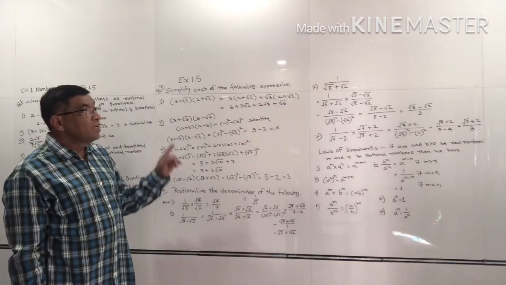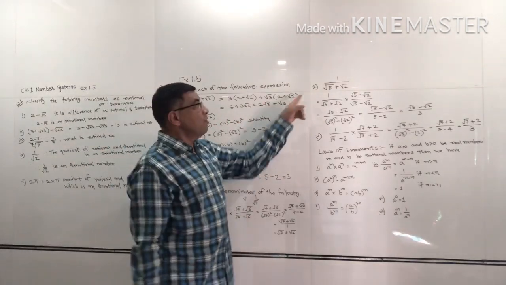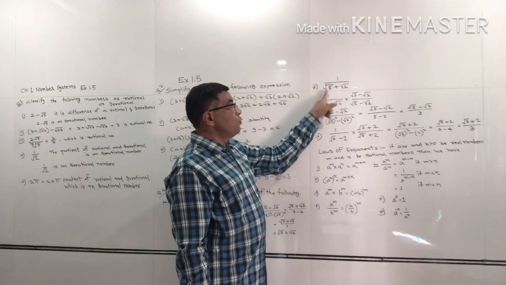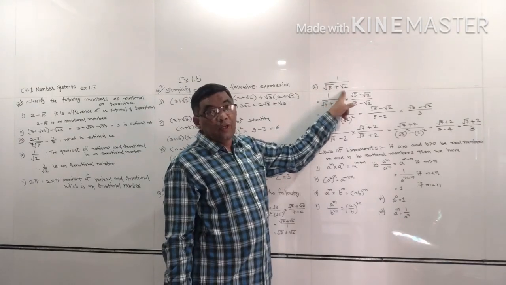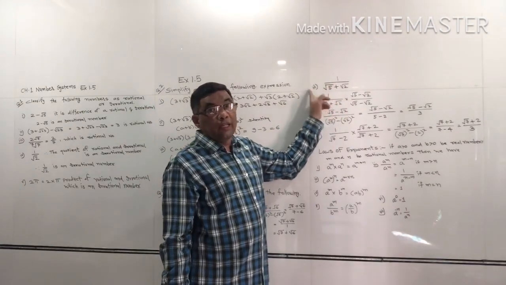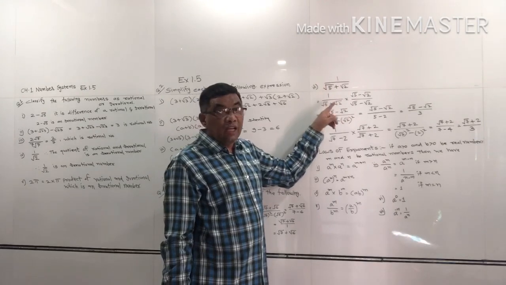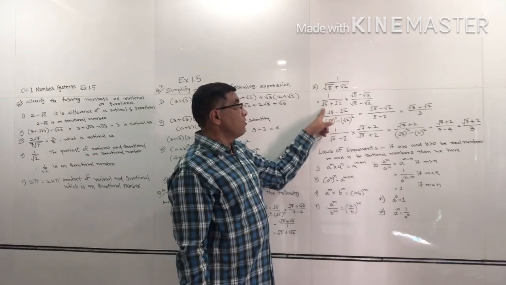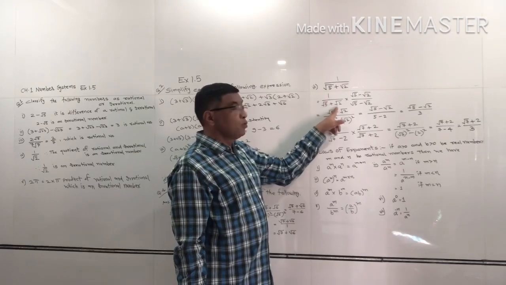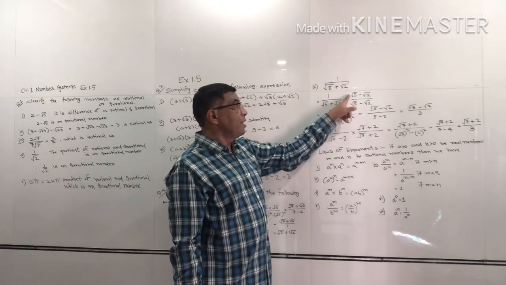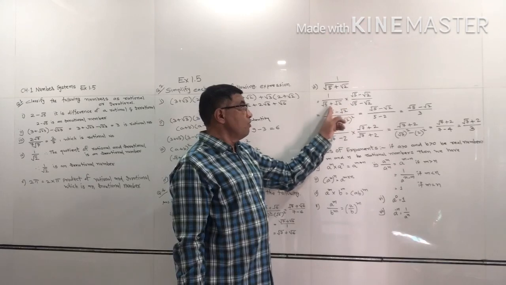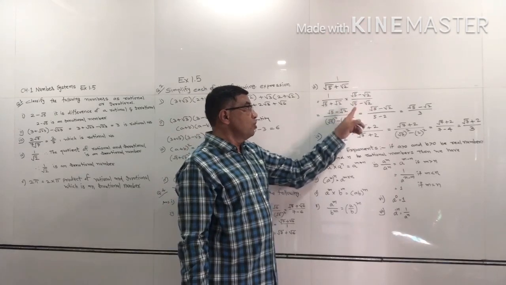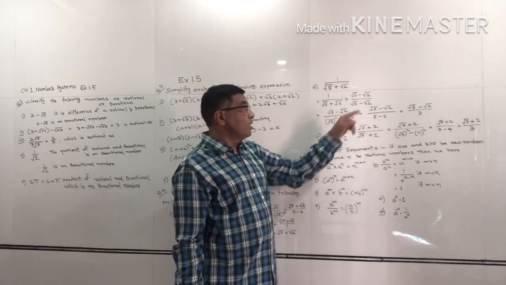Now we see the next, third one, which is 1 upon root 5 plus root 2. So root 5 plus root 2 is in the denominator, which is irrational. We want to convert it into a rational now. For that, 1 upon root 5 plus root 2, we multiply and divide by the conjugate of this one, which is root 5 minus root 2 divided by root 5 minus root 2.